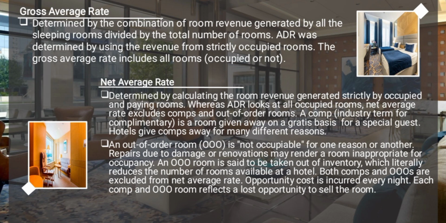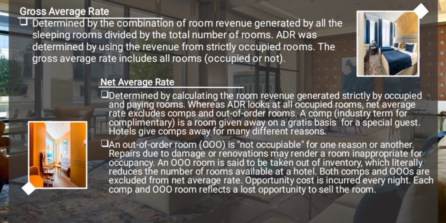Room revenue means the gross revenue derived from the rental of a sleeping room. The net average rate is determined by calculating the room revenue divided by the occupied or paying rooms.